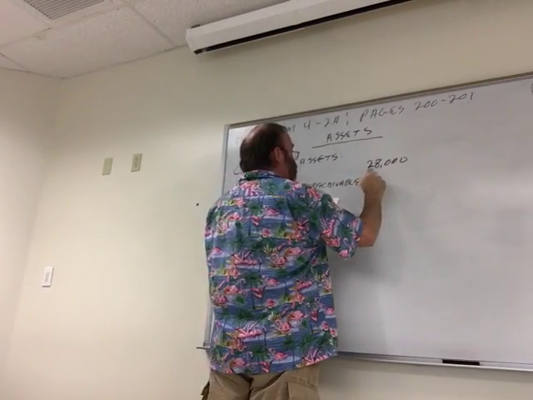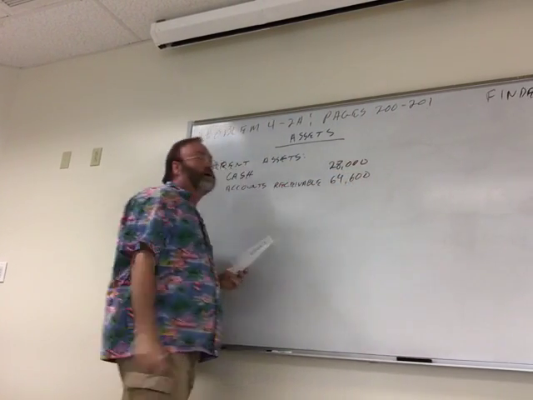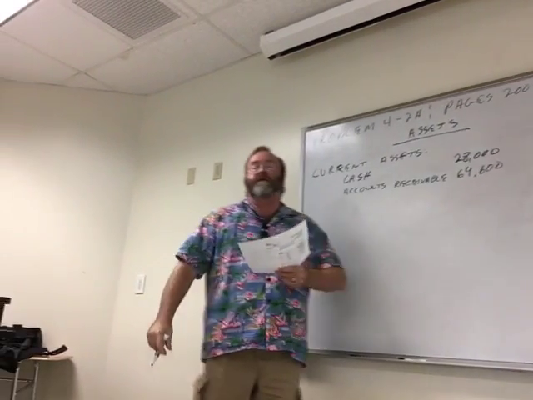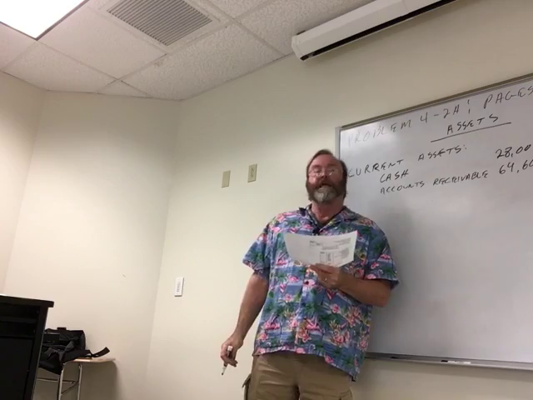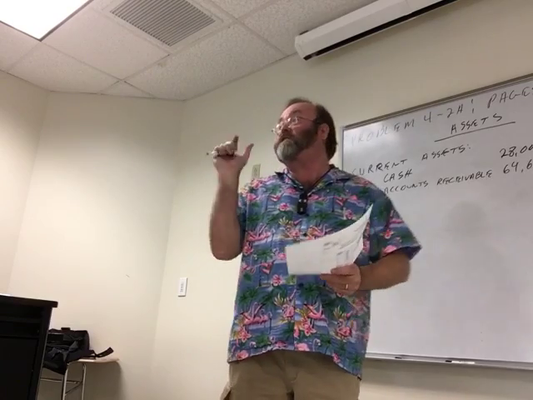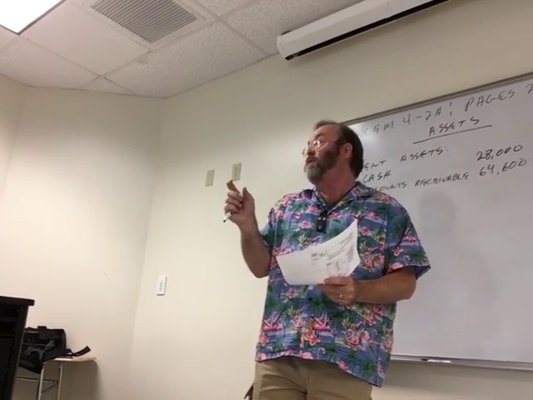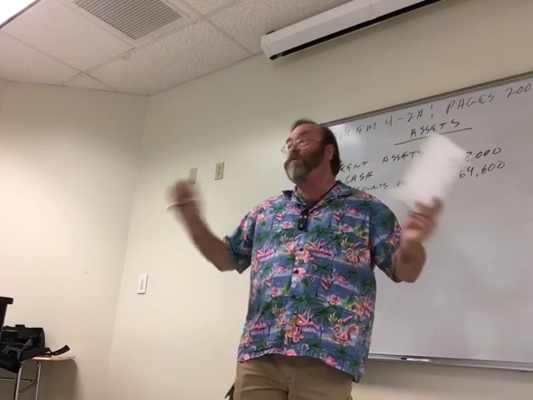And they had $69,600 worth of money owed to them by their customers. Accounts receivable. They're an investigative service, so they are the first type of business that I was talking about. The business that sells its services. So they don't have anything to sell. So there's no inventory.